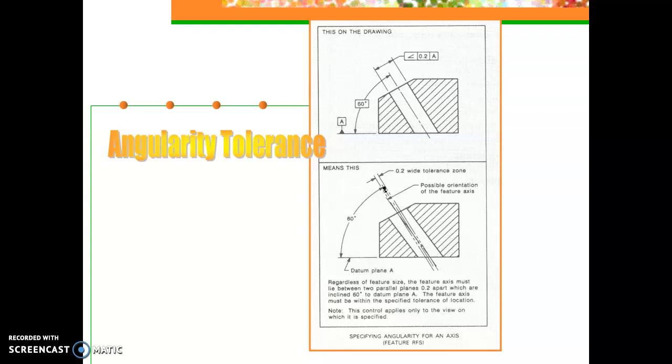It's going to have this width to it of 0.2, and if I shade it in with my little pen here, as long as the axis of that hole stays within that cylinder-shaped tolerance zone, then it is considered acceptable. It meets its geometric angularity tolerance. And if it goes outside of that zone at any point, then it would be rejected.